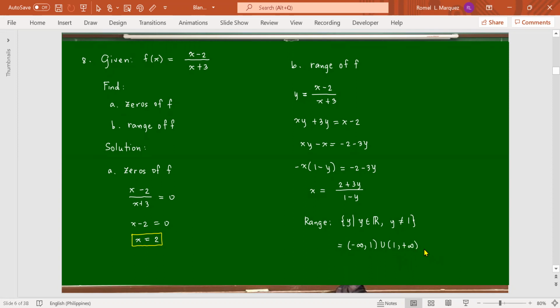So this is the range. Okay. So if you try to check when y is 1, we will not be able to get a corresponding value for x. Because when y is 1, we multiply, x plus 3 is equal to x minus 2. So 3 is equal to -2, false. So hence, y equals 1 is not really in the range.